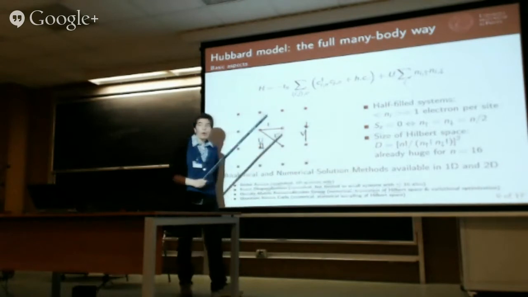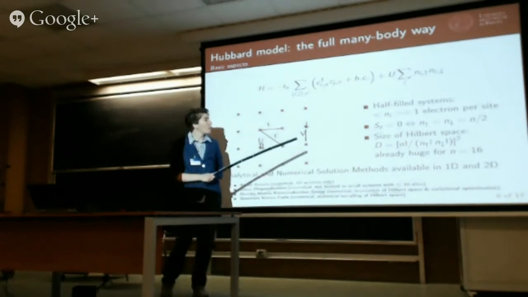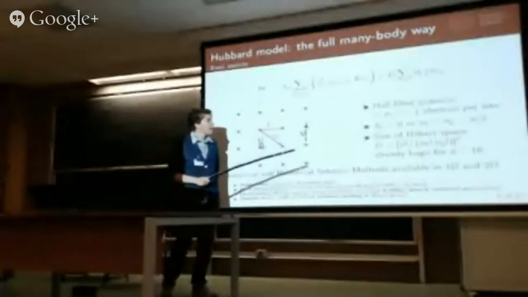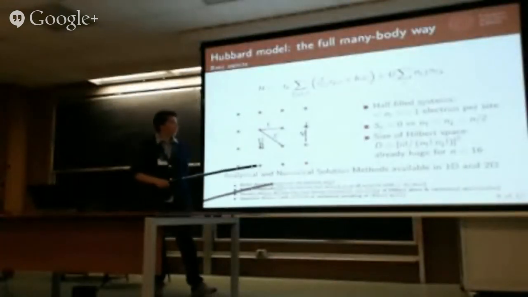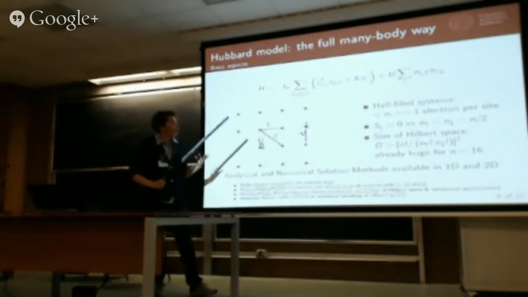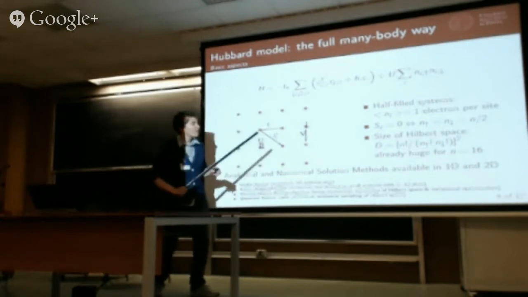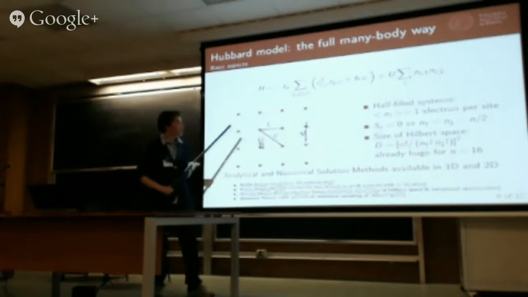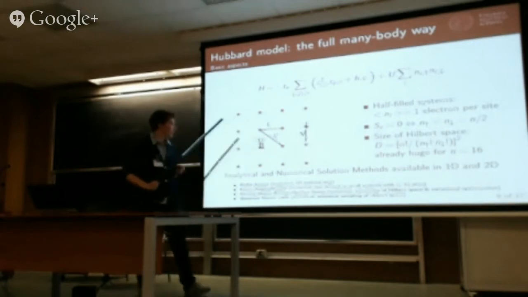However, it's well known that the main drawback for a numerical solution of the Hubbard model by the exact diagonalization method is an almost exponential increase of the number of states with the number of sites in the chosen lattice model. So we have huge matrices to be diagonalized.